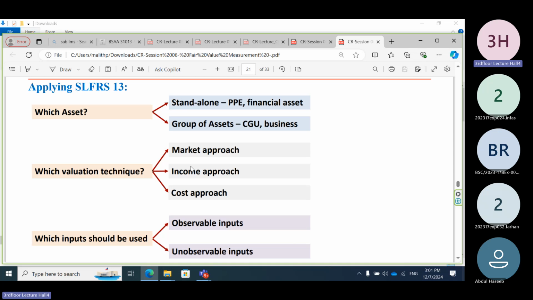Fair valuation, plus I'm planning to start consolidation. We also have IAS 41 and IAS 20, government grants. But if you have anything to clarify, you can come up with questions.